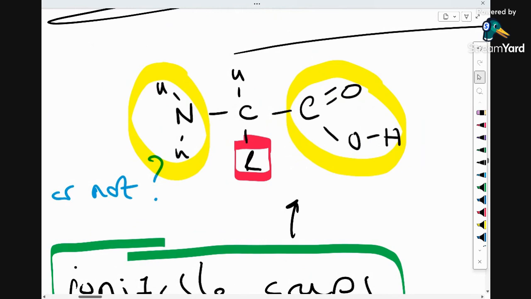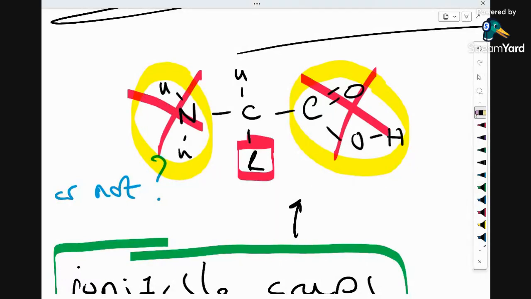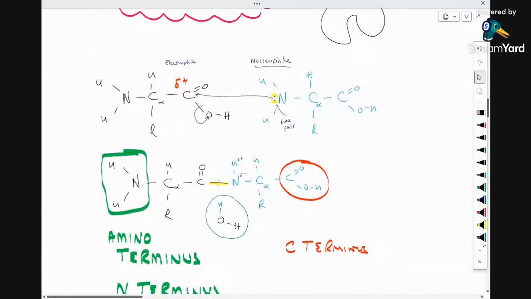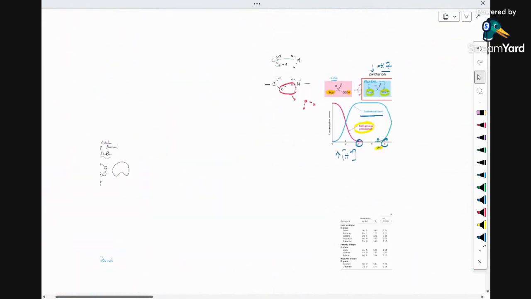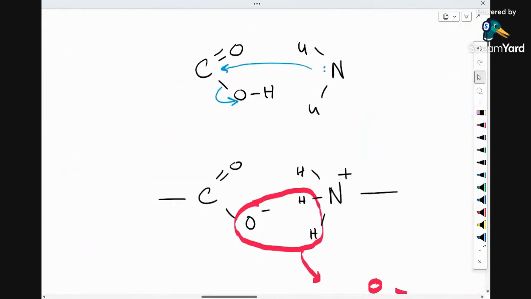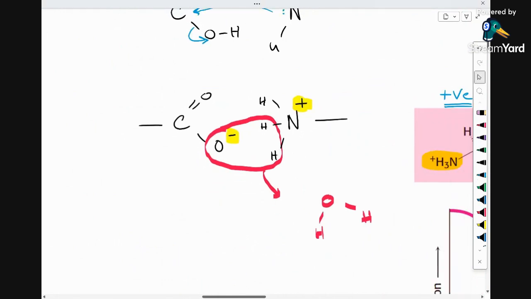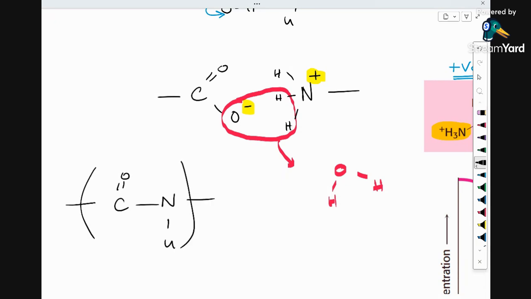So actually, first things first, we don't really bother with whether our amino group or our carboxylic acid group are going to be protonated or not. Because as we said right at the top somewhere, I hope. Or was it over here? It was over here. As we said over here, even if you're charged, so here and here, the same reaction happens to form the peptide bond. Okay, we will still end up in this situation regardless.